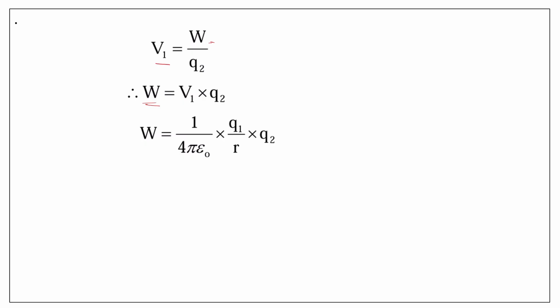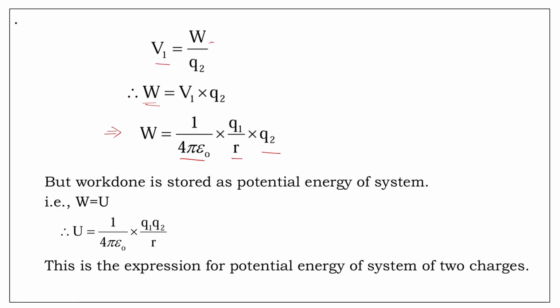On substituting V1 value, we get W is equal to 1 by 4 pi epsilon naught into Q1 by R into Q2. But work done is stored as potential energy of system. W is equal to U. Therefore, U is equal to 1 by 4 pi epsilon naught into Q1 Q2 by R. This is the expression for potential energy of system of two charges.